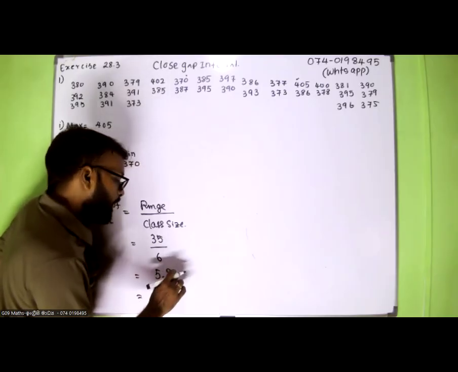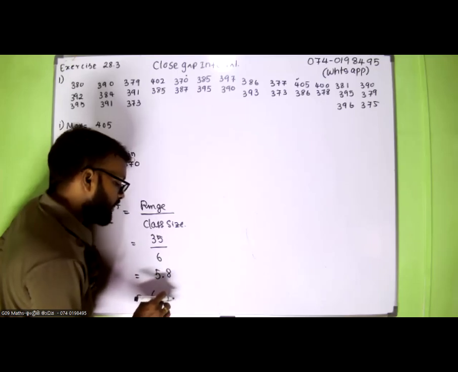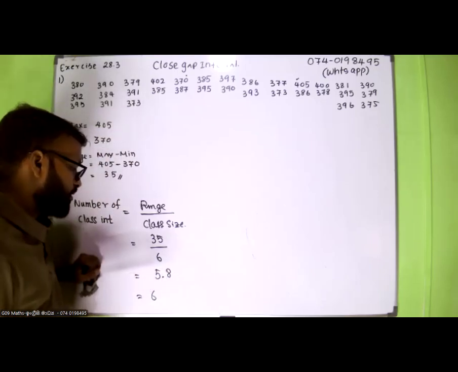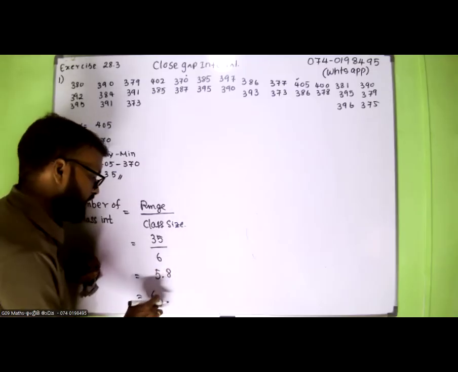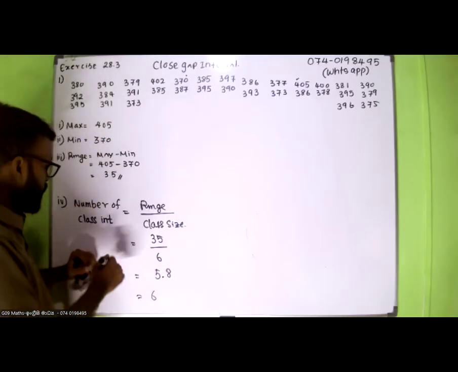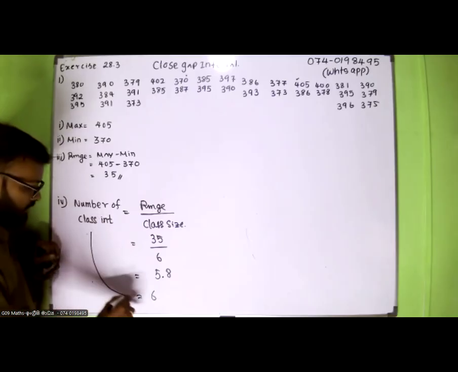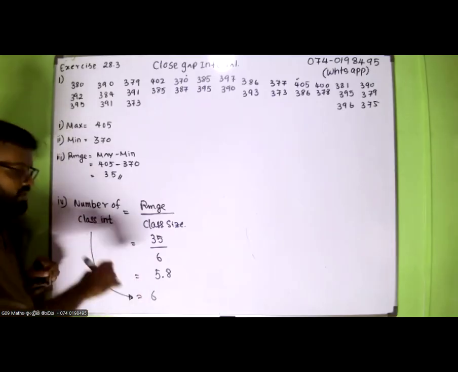You have to round off to the greatest whole number, 6. So the number of class intervals you should have is 6.